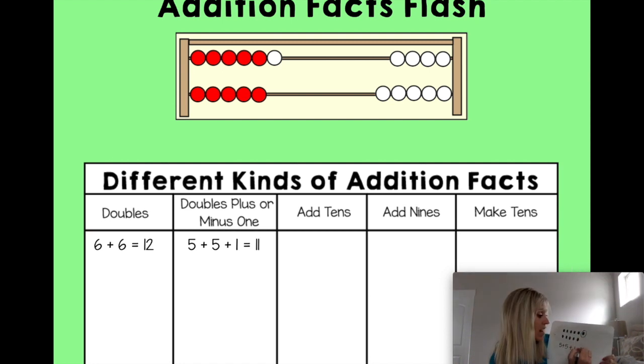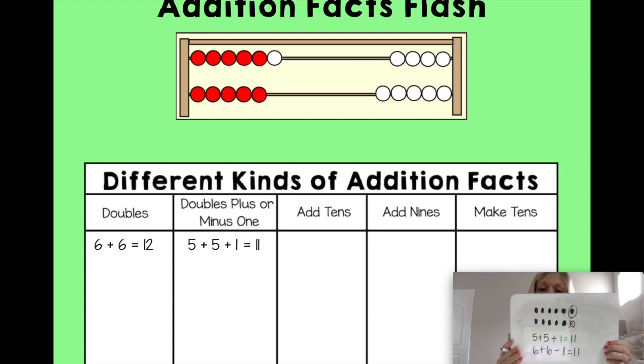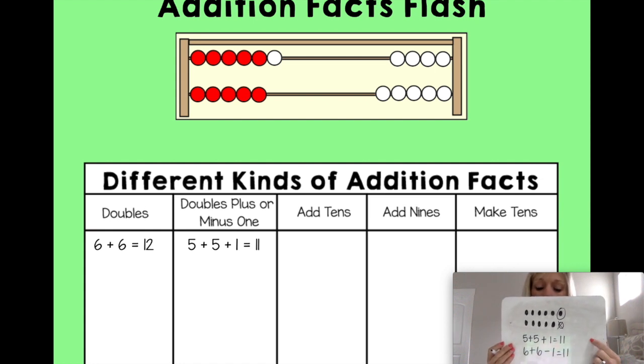Or you could technically think about if maybe there was a dot there, and you could write 6 plus 6, which I know would be 12, minus 1 because that one's not really there, minus 1, and that would also equal 11. Okay, so do you see how doubles can be plus 1 or doubles can be minus 1?